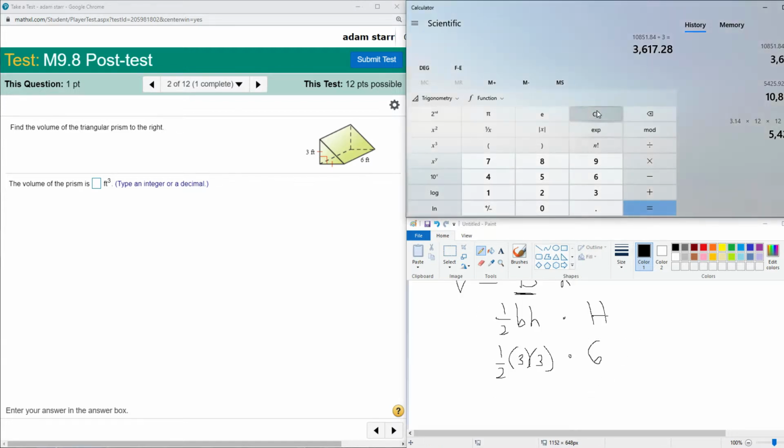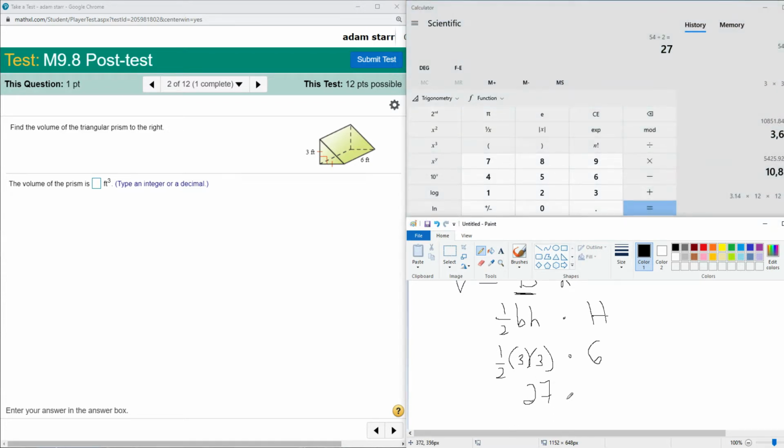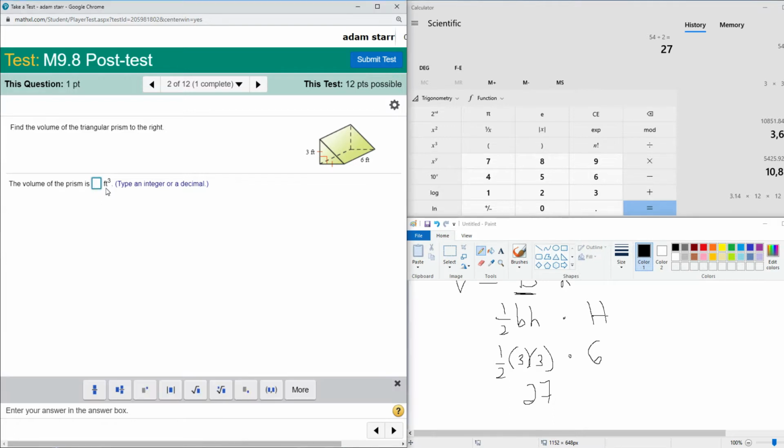Okay, so now we just put this in the calculator. I'm going to deal with the 1/2 at the end. So I have 3 times 3 times 6. And then to multiply it by 1/2, I'm just going to divide it by 2. So my volume here is 27 cubic feet.